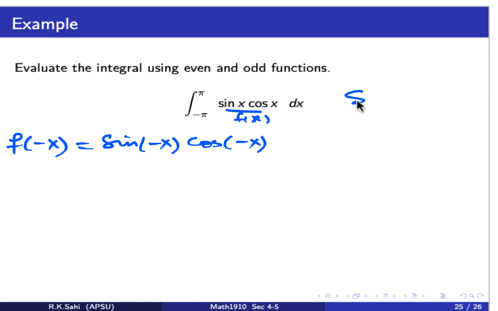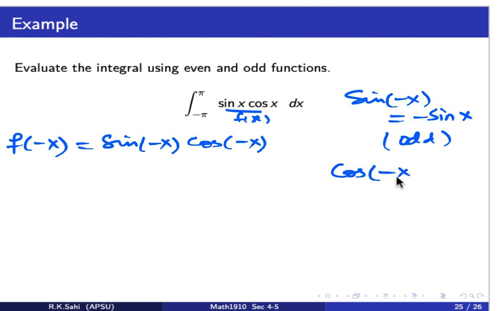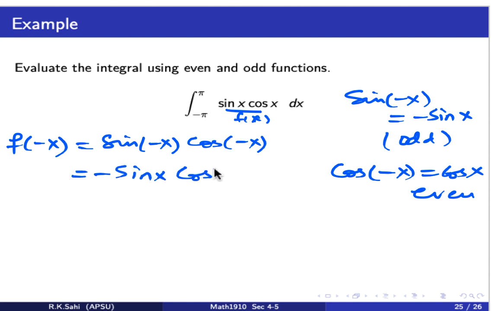Now we all know that sine of minus x is minus sine x because sine is an odd function, whereas cosine is an even function. So, doing the math here, this is minus sine x times cosine x, which is minus f of x. So clearly, this is an odd function. As this is an odd function, from minus pi to pi, this integral is 0.